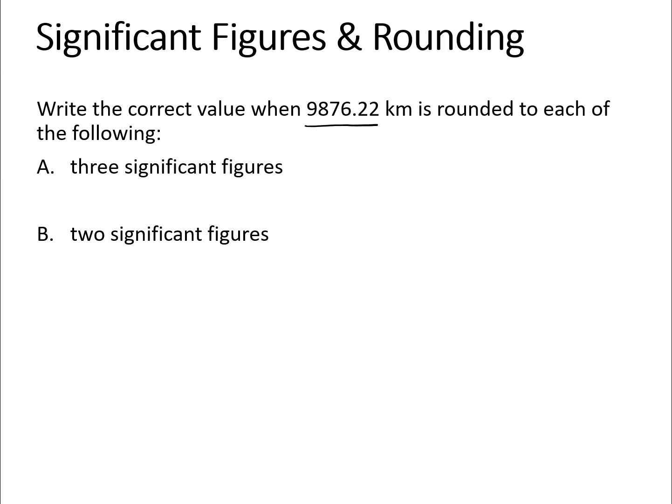Okay, so remember those placeholder zeros. For 3 sig figs, we can get rid of this line here. That means that we're looking at the 7 as the last retained digit. The 6 is definitely 5 or greater, so we need to increase that 7 to an 8. But 988 is not the same as 9,800 something.